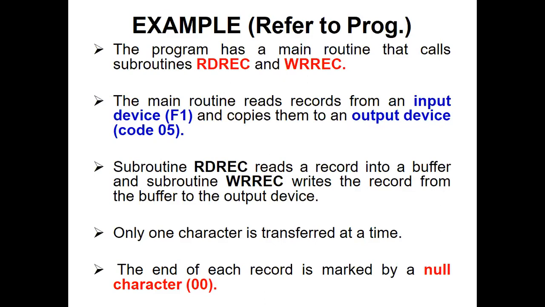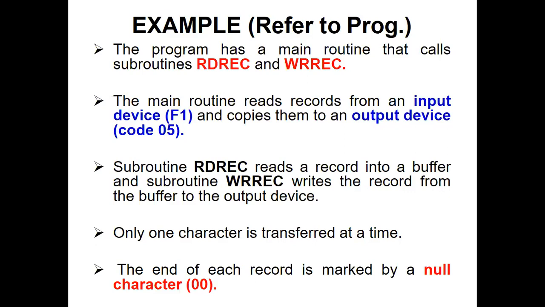Then WRREC, which is write record, picks the characters which were deposited in memory and writes them to an output device, which has a code 05.